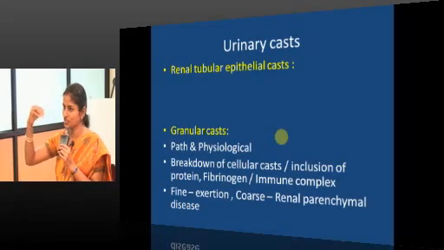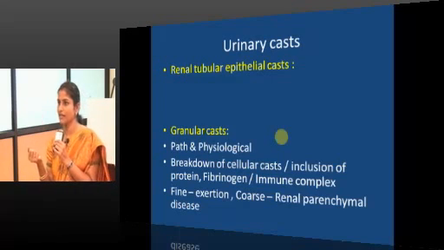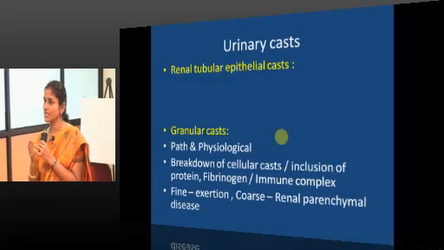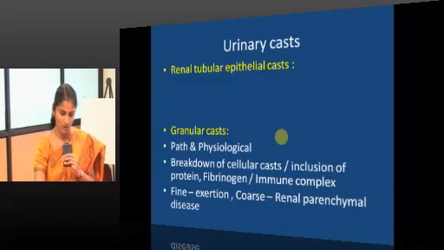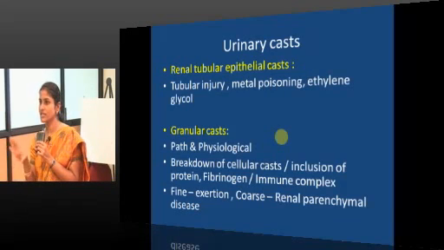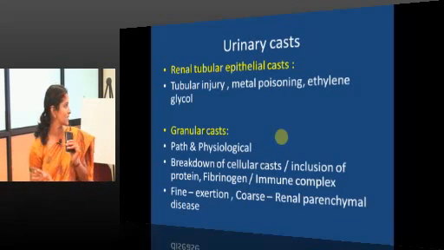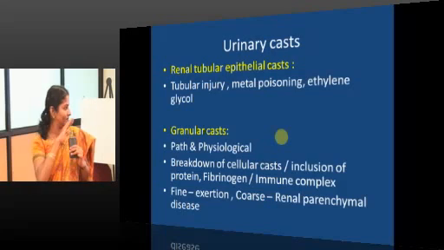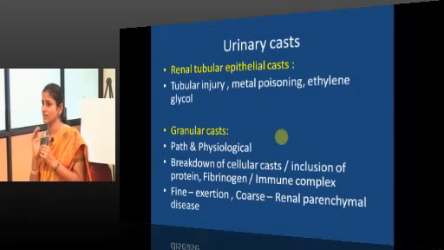The tubular cells will be shed, and taken and pulled by the Tamm-Horsfall protein made into casts, and that will be seen in the urine deposit. So, anything that causes tubular damage will result in renal tubular epithelial cell casts. Granular casts can be seen in both physiological and pathological conditions, and granular casts are actually due to breaking down of cellular casts.